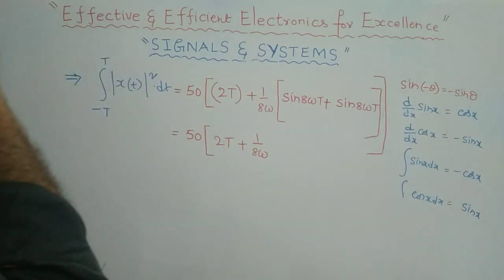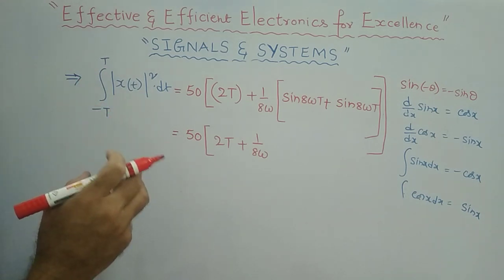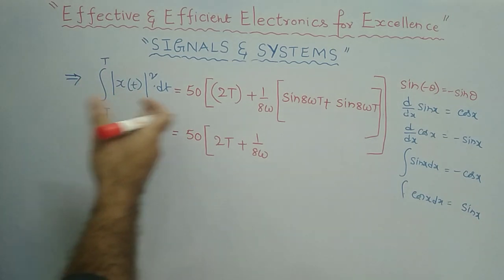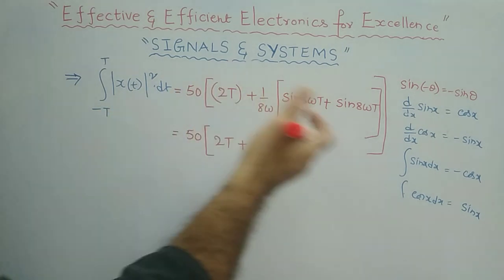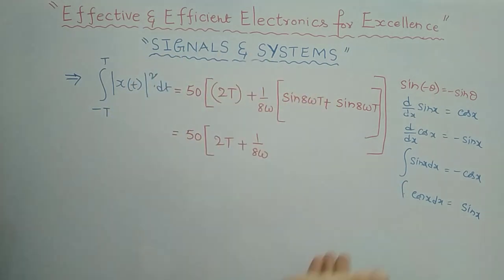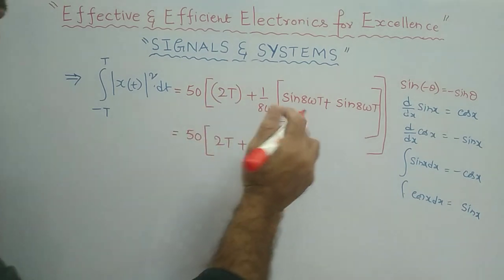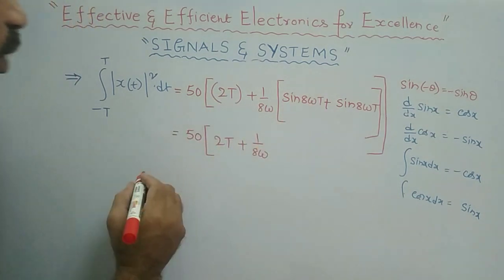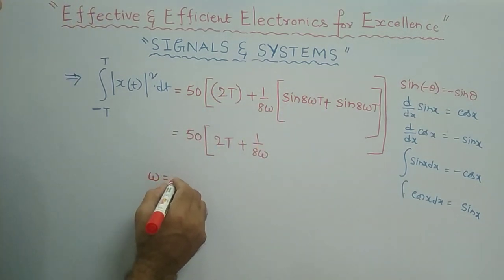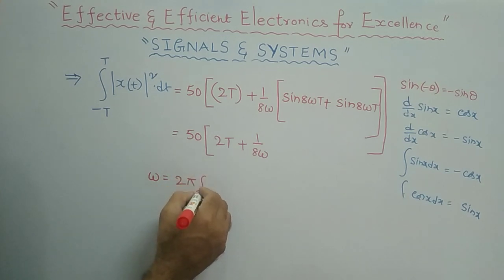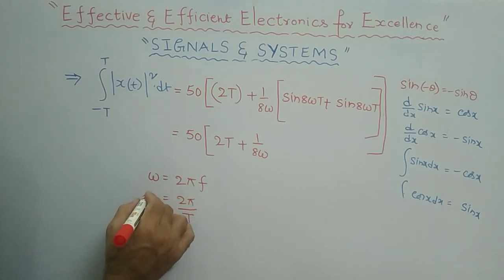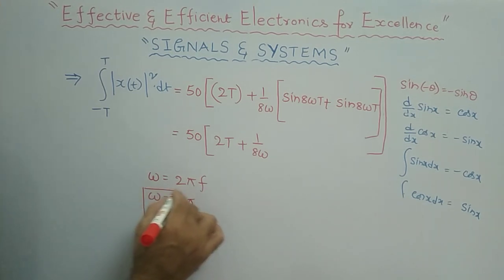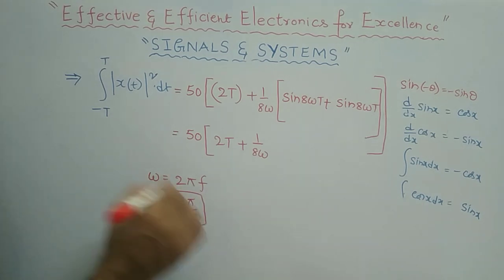Now one important thing that you need to remember, if this kind of problem is given, like 10 cos omega t or a sin omega t, if x of t is given in this fashion, finally in place of omega you need to substitute omega is equal to 2 pi f. And what is f actually? 1 by t, so it is 2 pi by t.